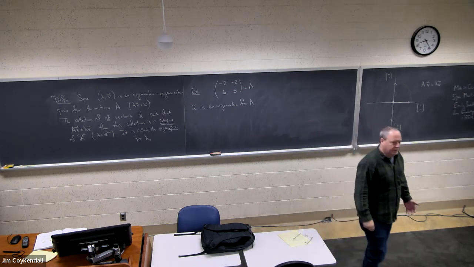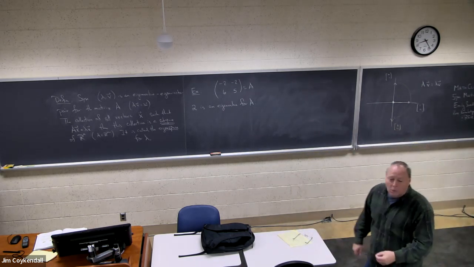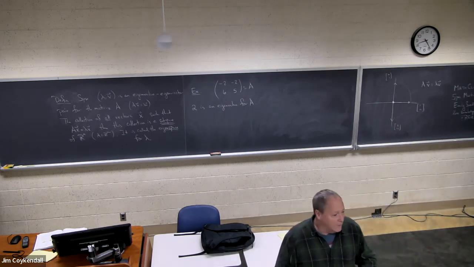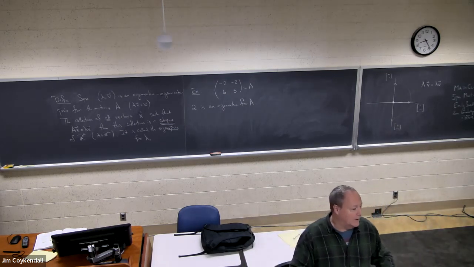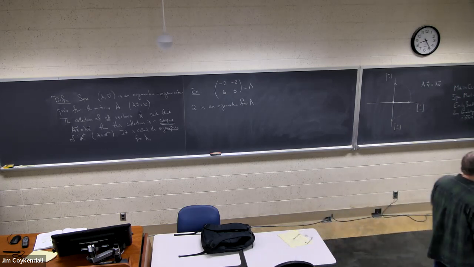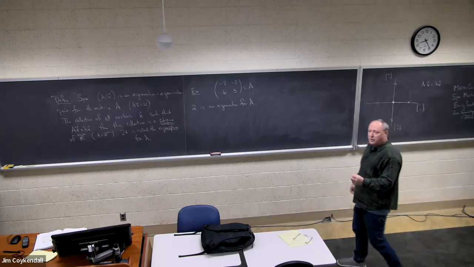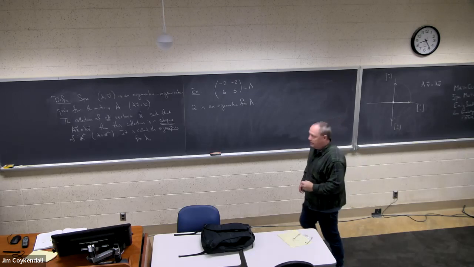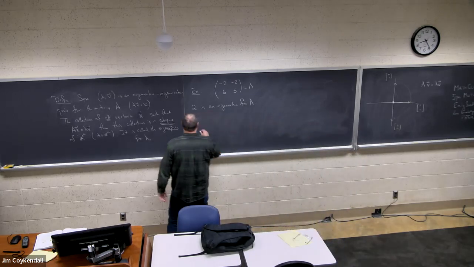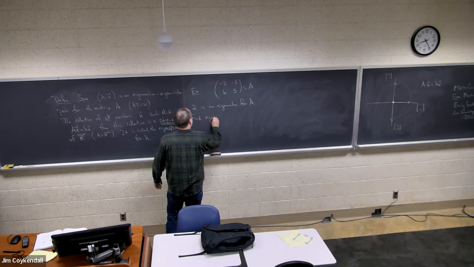How do you know that? Because I figured it out before class. Well, I'm going to show you how to do that later, but for right now, you can just take it on faith. So we're in a late session of church here, and I have a little faith and believe that 2 is in fact an eigenvalue. What I want to do, armed with this knowledge, is find the eigenvectors.